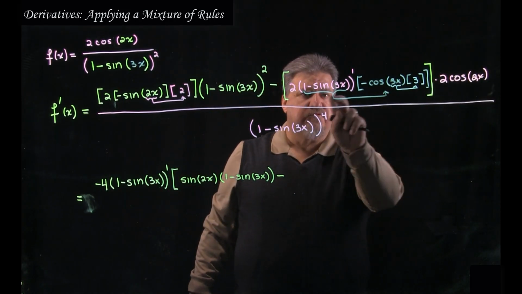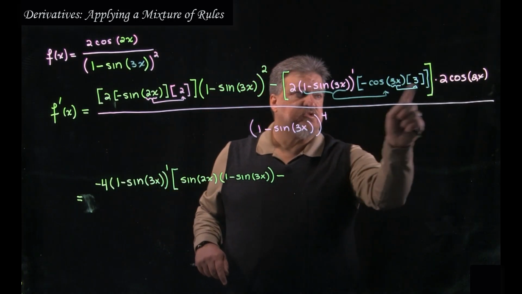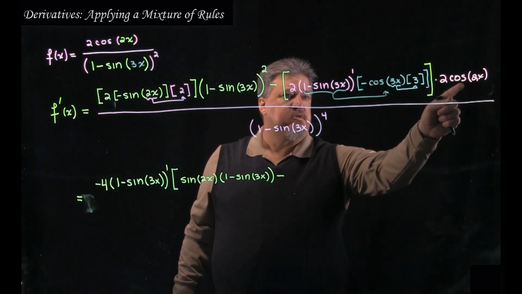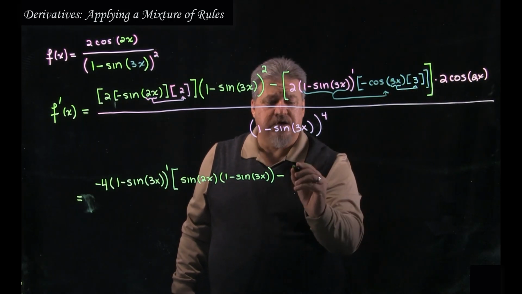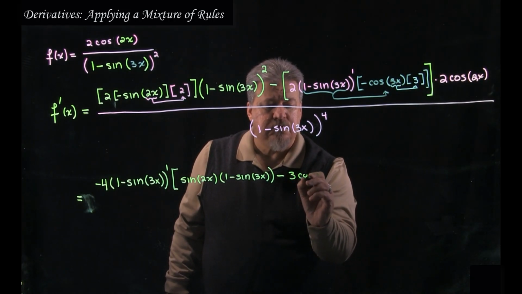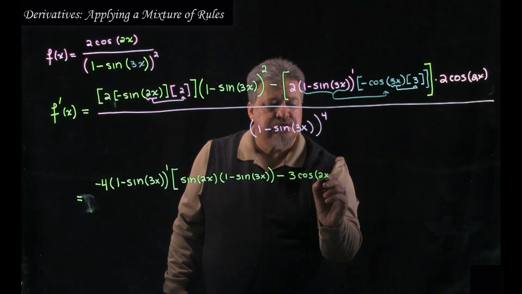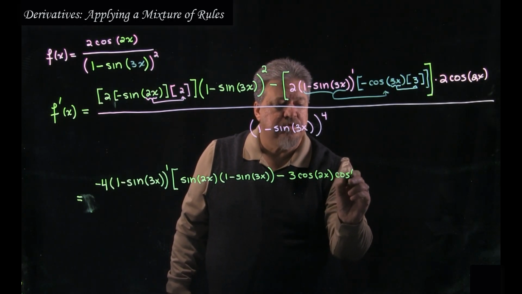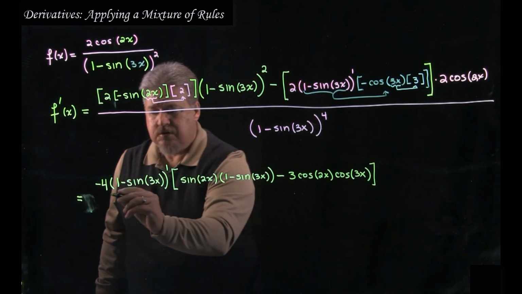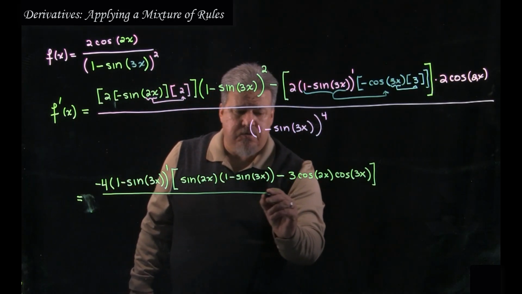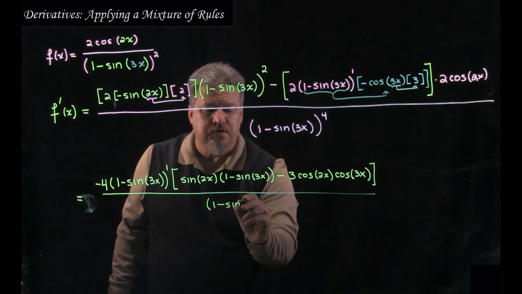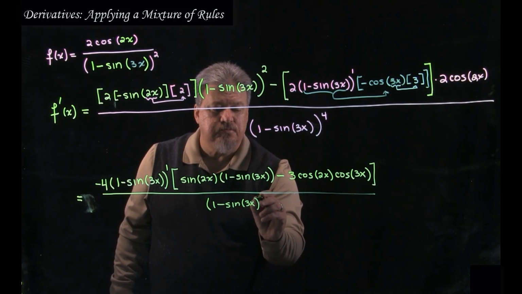This is gone, 2 times 2 is 4, so that's removed. So now I just have cosine times cosine. Cosine 3x times cosine 2x times 3, which is 3 cosine 2x times cosine 3x, all over 1 minus sine 3x to the 4.